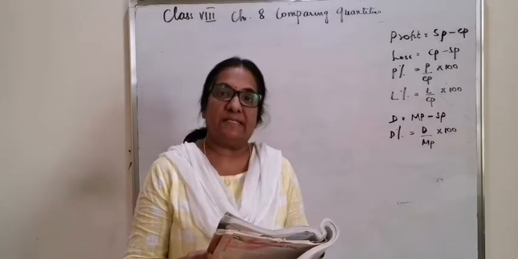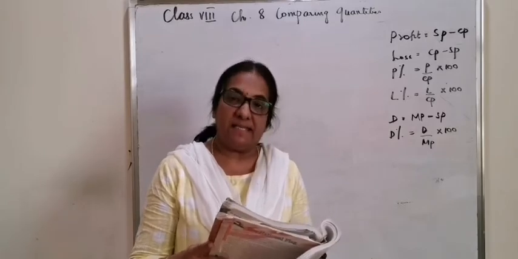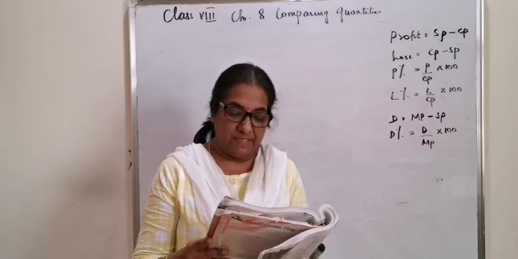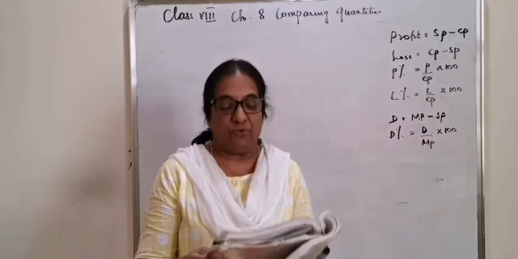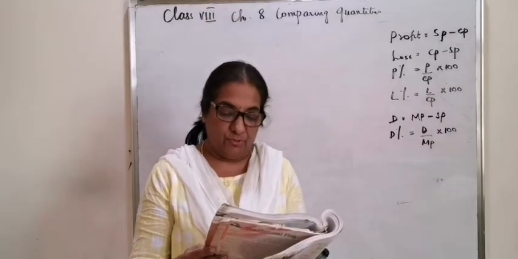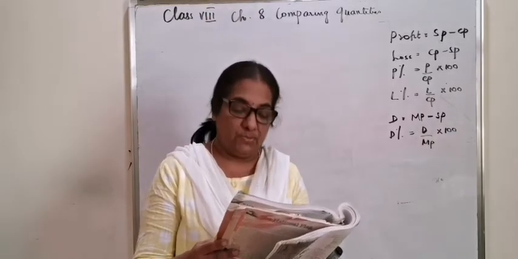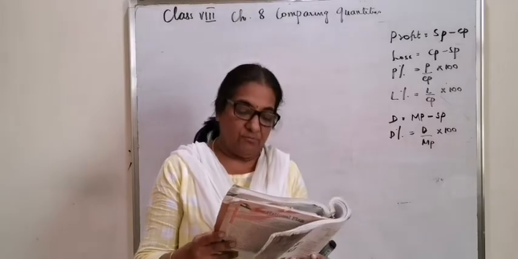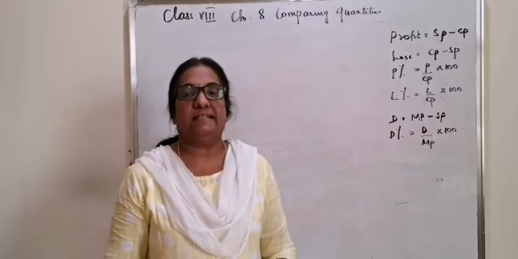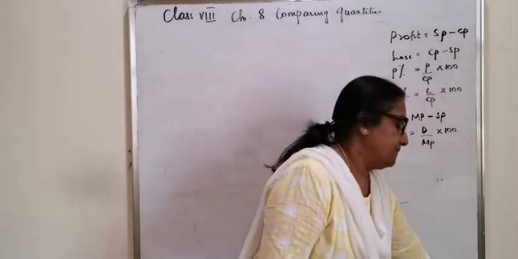Question number 6. During a sale, a shop offered a discount of 10% on the marked price of all the items. What would a customer have to pay for a pair of jeans which is marked at rupees 1450 and two shirts marked rupees 850 each?